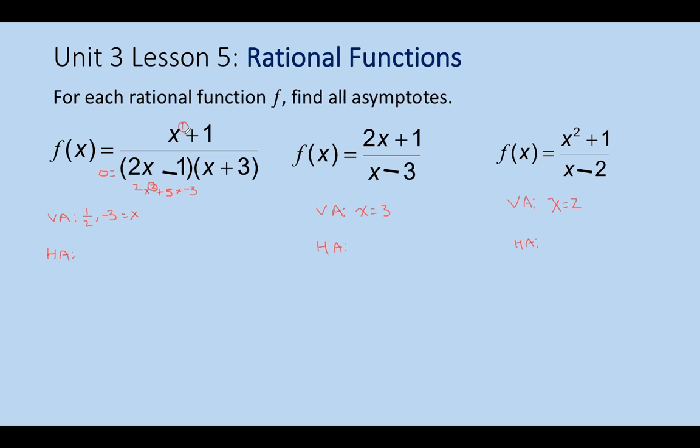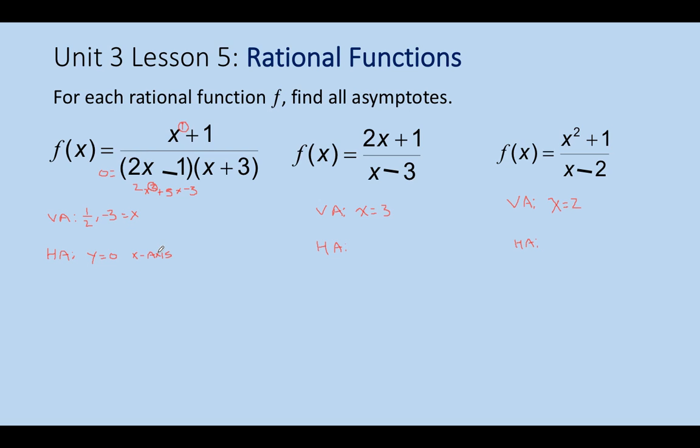And so if you have a situation where the degree in the numerator is less than the degree in the denominator. So here, that's 1, that's less than 2. Okay, this means my horizontal asymptote is just y equals 0, or the x-axis.